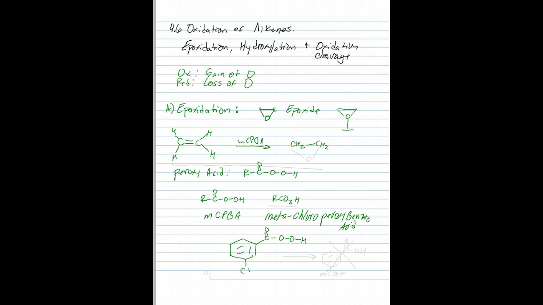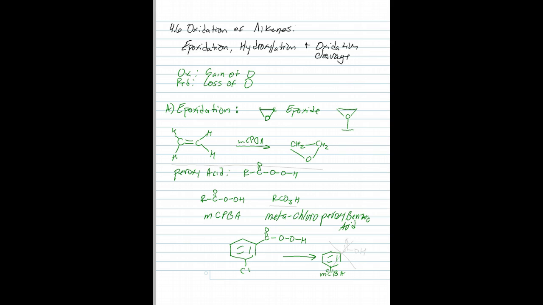Now, as far as your MCPBA, people always like to know what happens to it. It's not part of the final product. I usually don't write what happens to the other stuff because you usually purify that away. It's not important. The epoxide is what's important. But what basically happens is this MCPBA becomes MCBA, metachlorobenzoic acid.